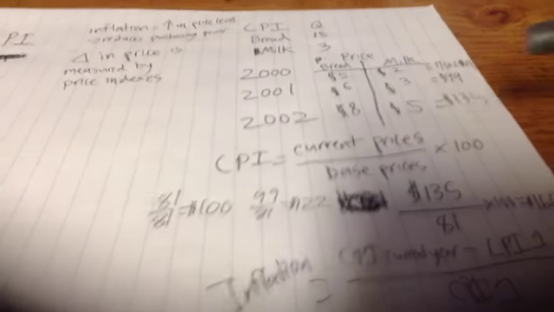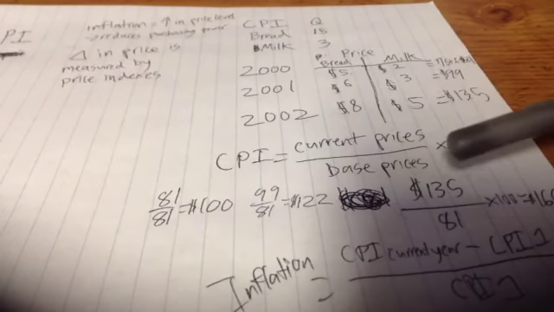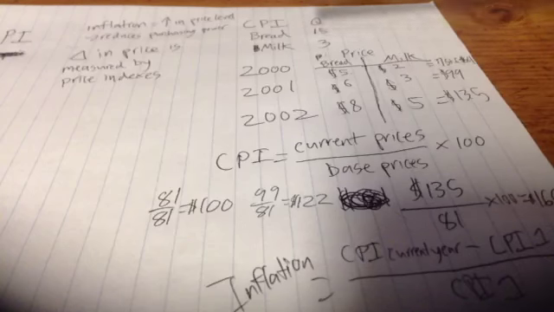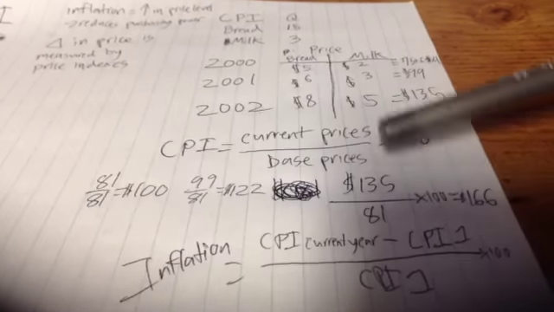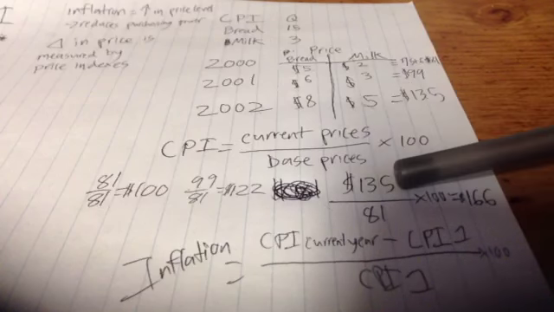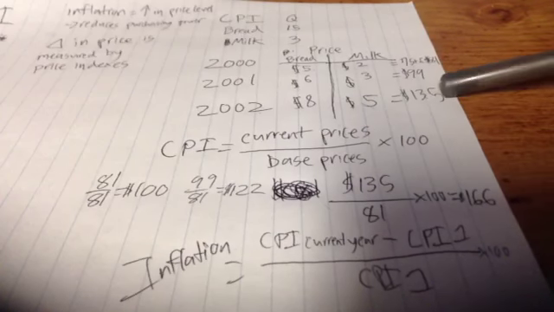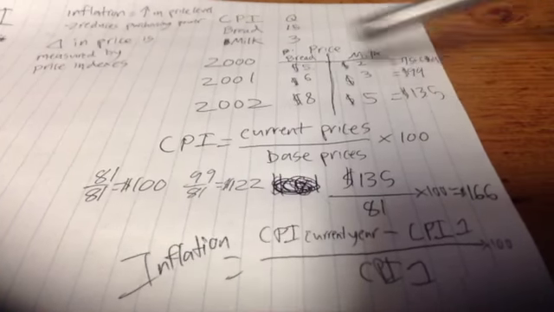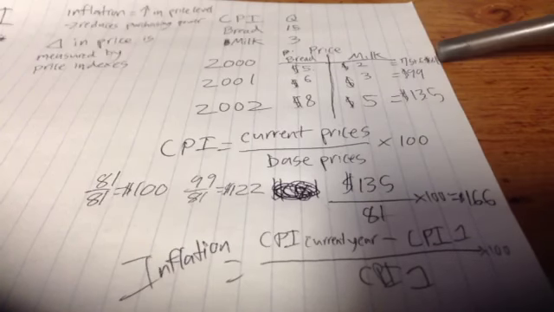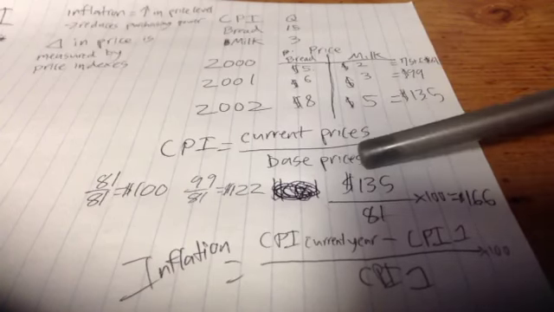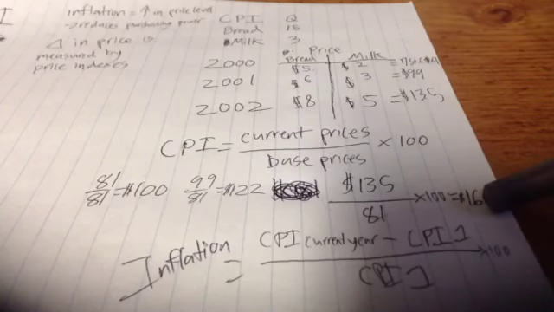Let's calculate the CPI for 2002. So we take $135, which is the price of the goods, divided by $81, which is the price in the base year, times 100, and that will give you 166.